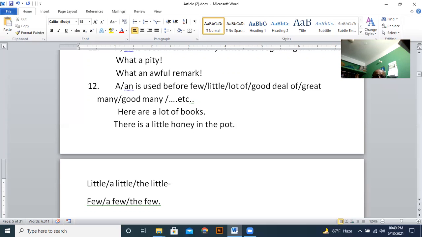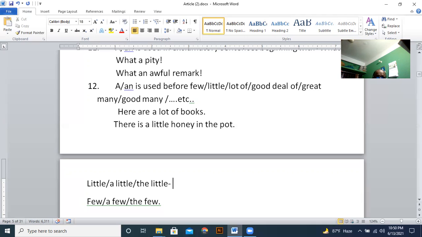Basically, little, a little, the little, few, a few, the few are the same, but little, a little, the little are used before liquid things, and few, a few, the few are used before numbers or persons.